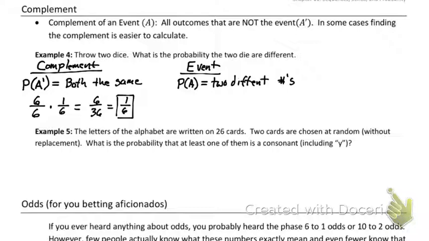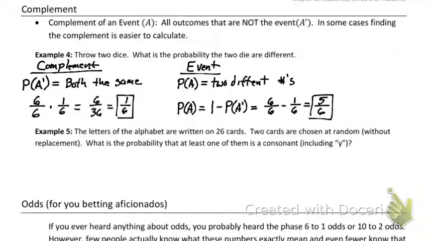It gives us that 100%. But if we get to more complicated numbers, I'm just going to let you know that your probability is going to equal 1 minus your complement. So in this case, I'm going to make 1 my 6 over 6 minus your 1 over 6, which would equal 5 over 6.